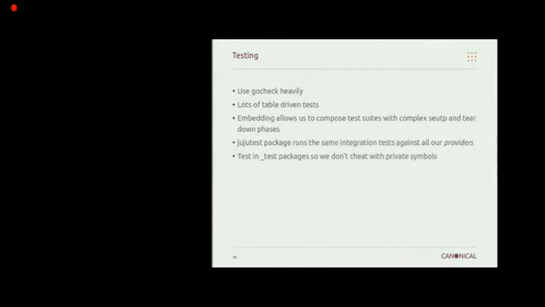Lots of table-driven tests. You get double internet points if you use a table-driven test. Another part of using GoCheck is there's quite a lot of patterns where we will embed one test suite inside another to use its setup to then build a more complicated setup to test a larger piece.